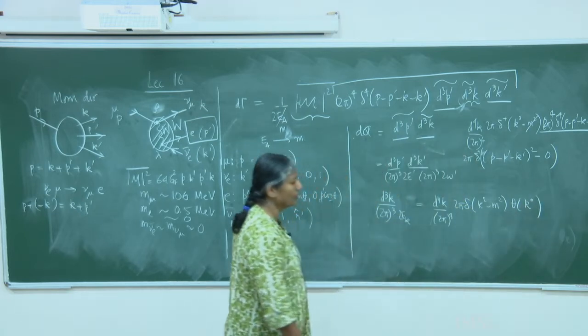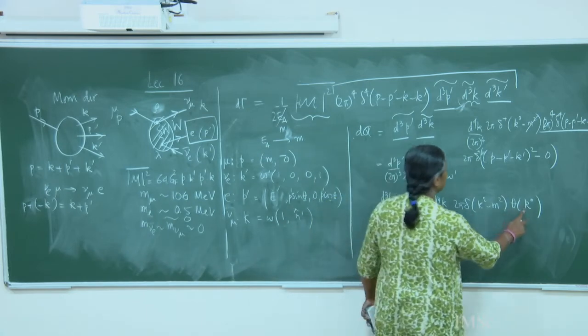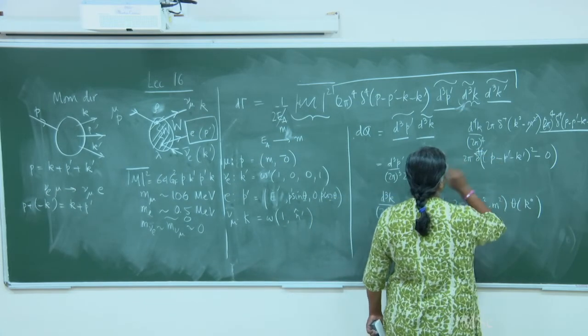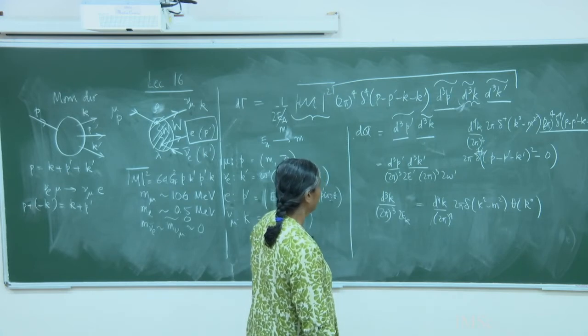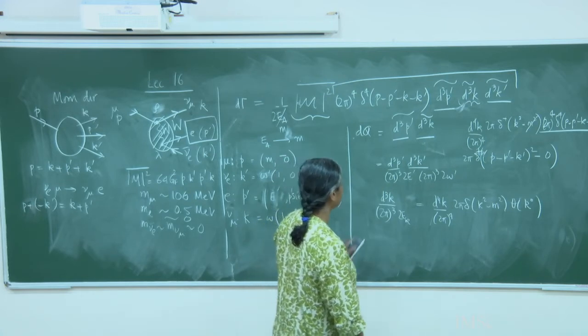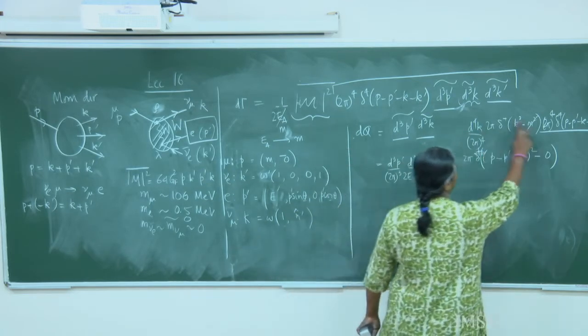I did this for you long ago. And this δ times θ is usually called δ+, so that I don't have to write the θ. So that's all I've done. Is this clear?